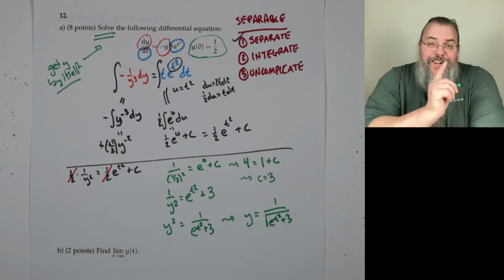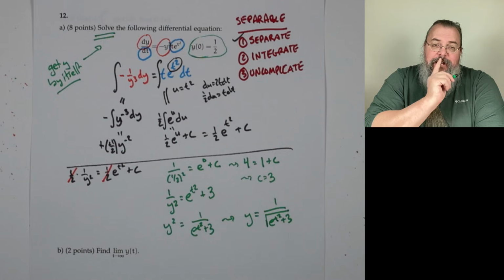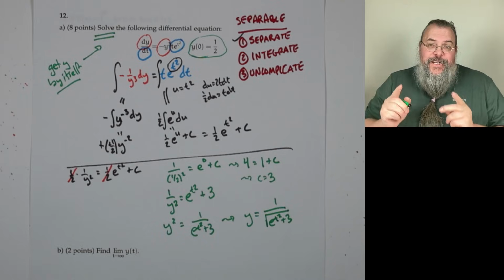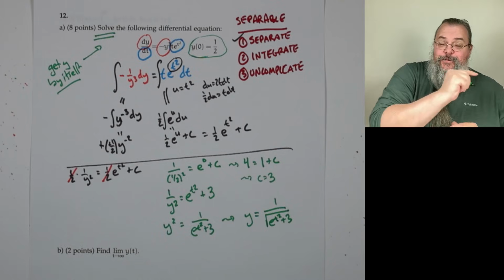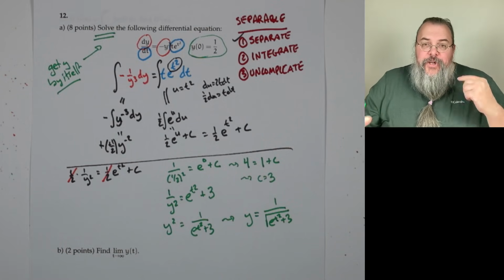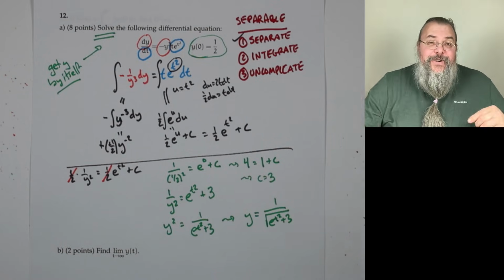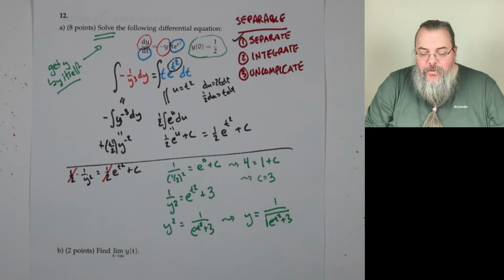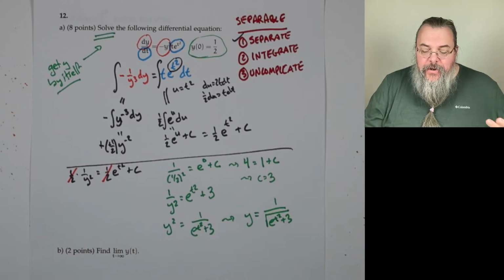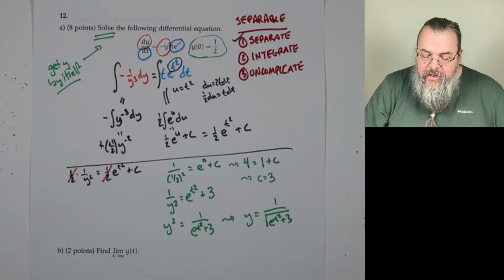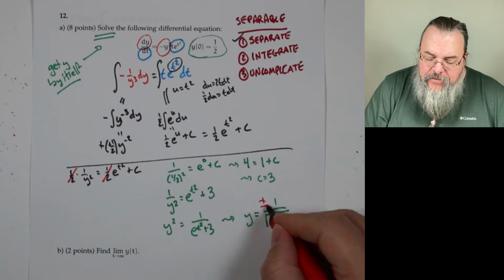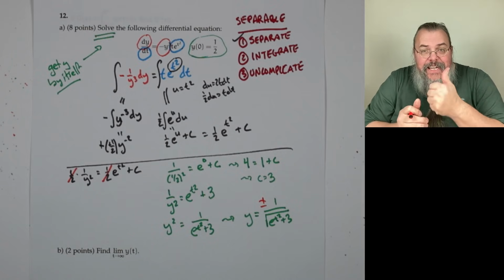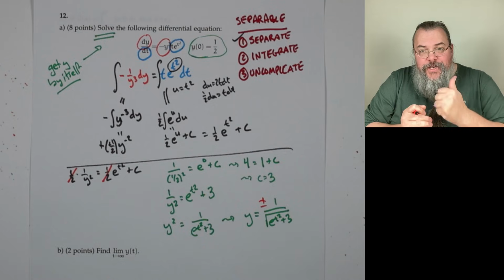Now, there's a little subtlety that just happened, and I don't want to undersell it because it was an important thing. What did I forget to do? Or at least, what did I not write? We took the square root. Now, when you take a square root, what happens? Plus minus. So why did I not write plus minus? Well, one could say I should have. So let's go ahead and do that. But now I can't have both. I need one. Which one do I need?